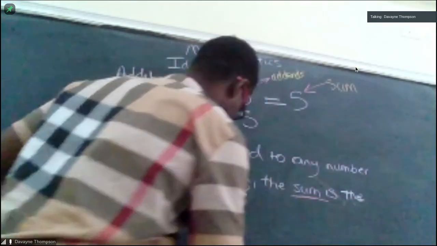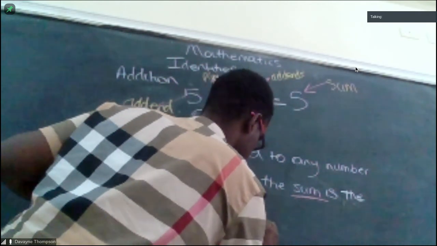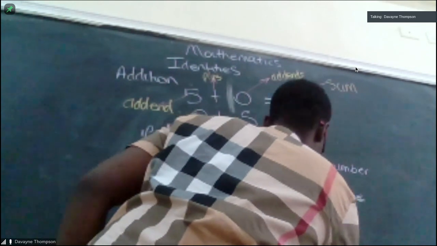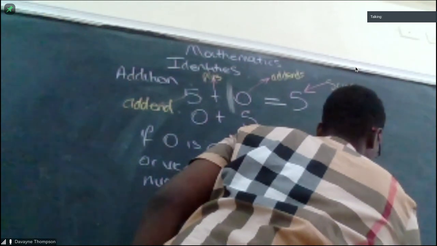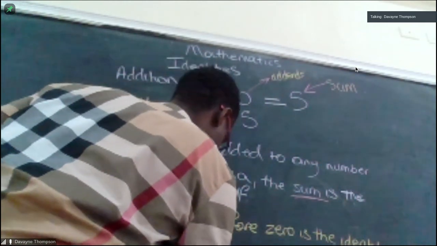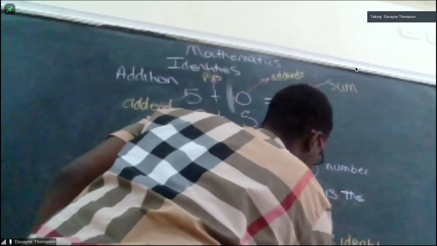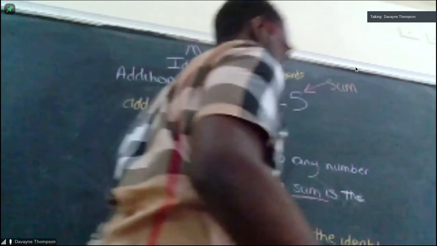Therefore, zero is the identity of addition for addition of numbers. Alright. So 0 is the identity of addition.